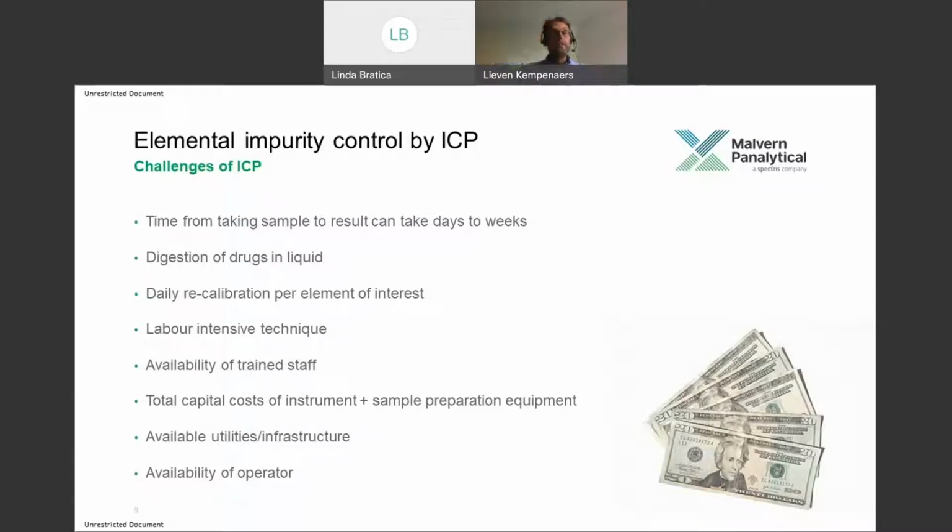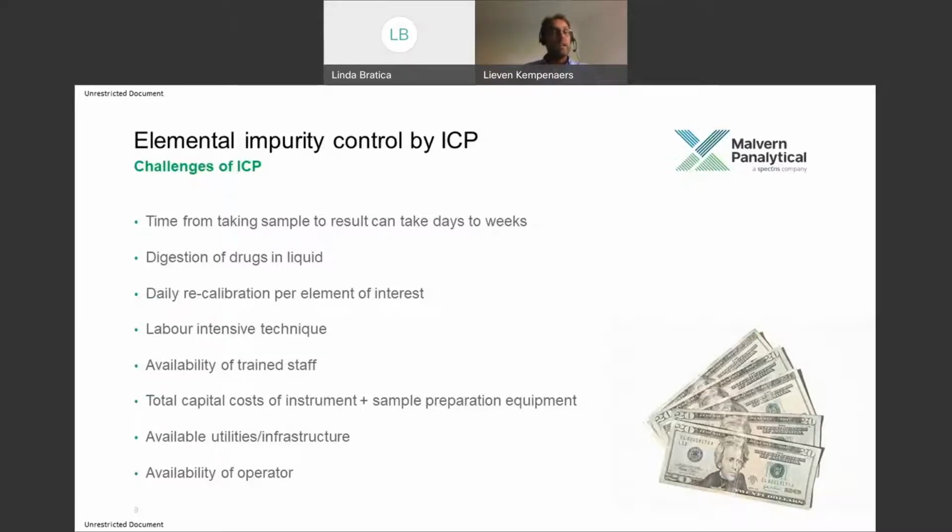Also, the capital cost of the instrument, including the sample preparation equipment, can be a big investment. And also the availability of the infrastructure and the utilities to operate an ICP, with the gases and the fume hood, is a necessary step for the investment.